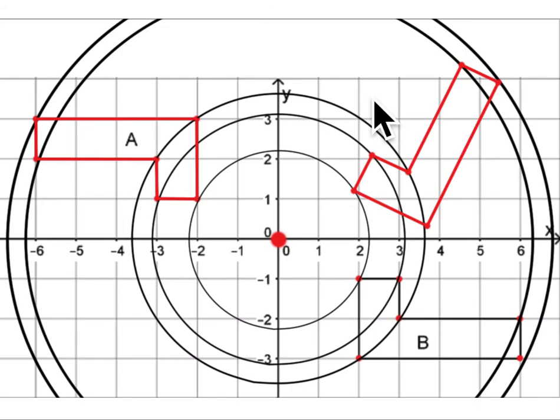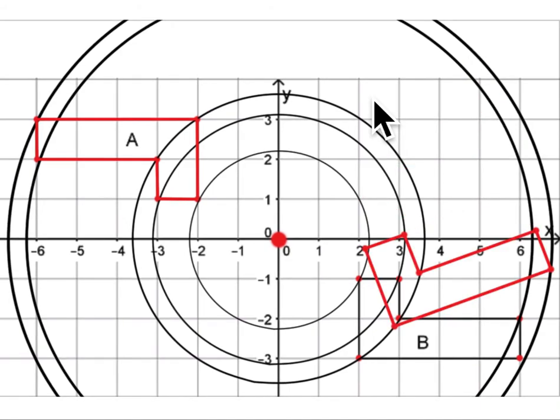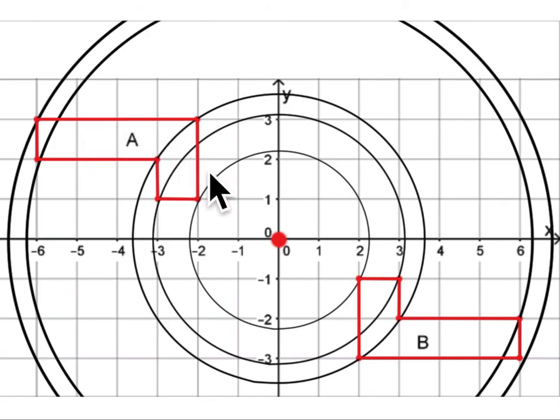And I did this once again all in Doceri. Once it's at 180 degrees, notice that all of the sides are parallel, because that's what happens with a 180-degree rotation. So this side is parallel to this side. All the corresponding sides are parallel, and they're an equal distance from the center of rotation.